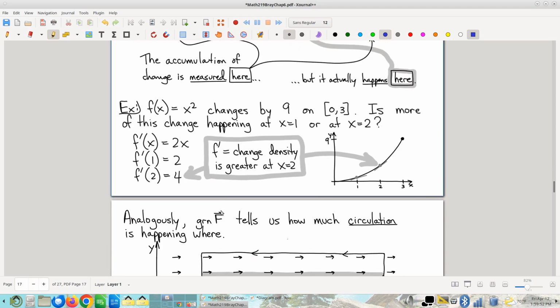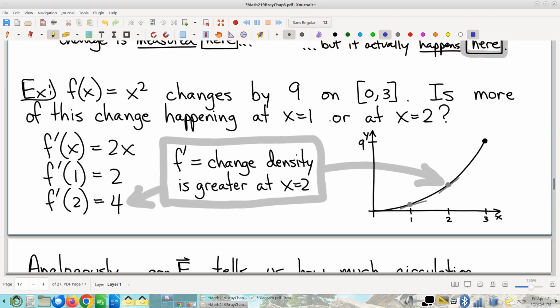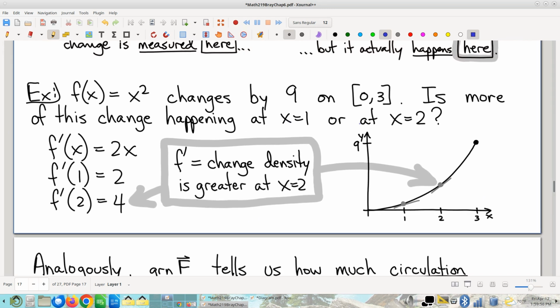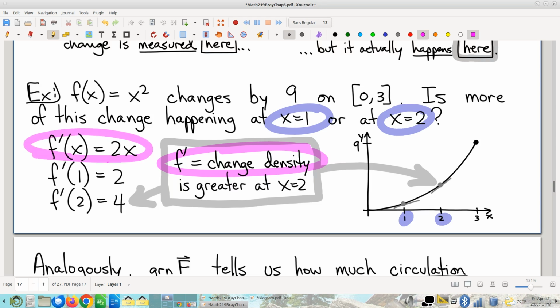Now, how do we answer these questions? Well, when you're talking about change and you want to know, of a couple of points, 1 and 2, where is the most change happening? The way you answer that question is by looking at change density, aka the derivative. So you compute that, you plug in your 2 points, and the question was about where is more happening.